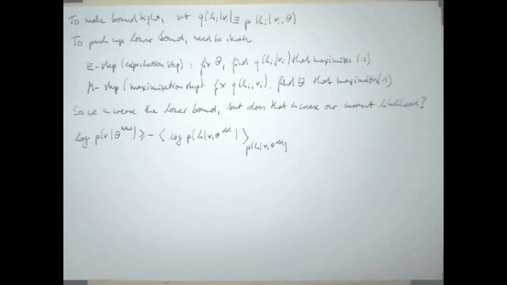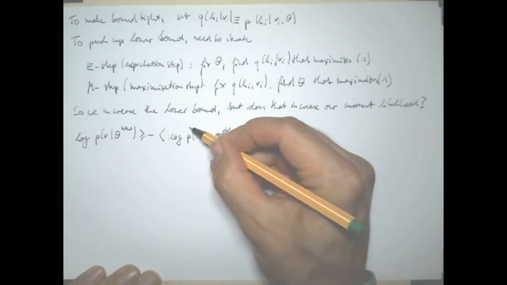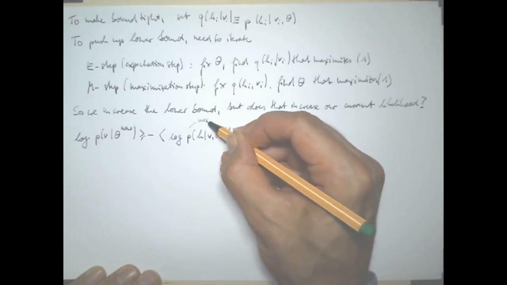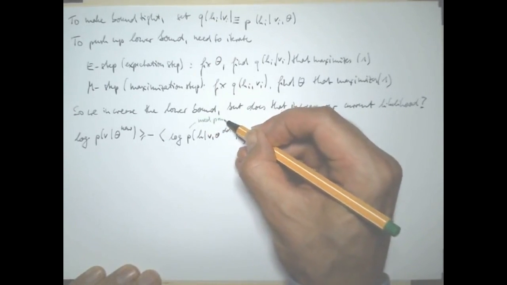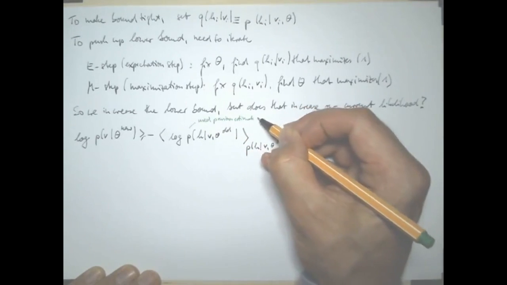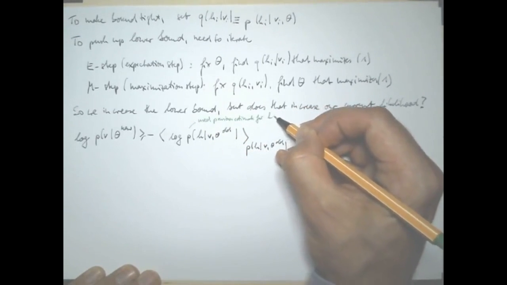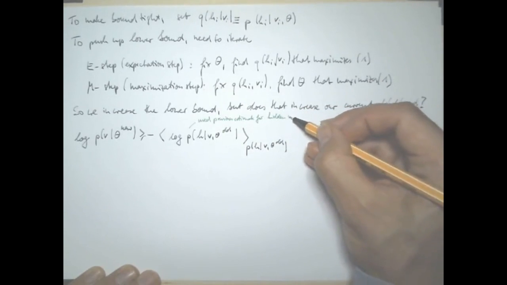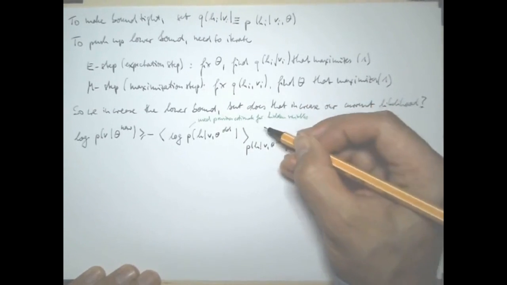So what I've done here is I've used the previous estimate for my hidden variables as my variational distribution.